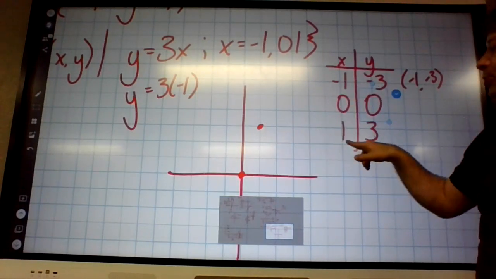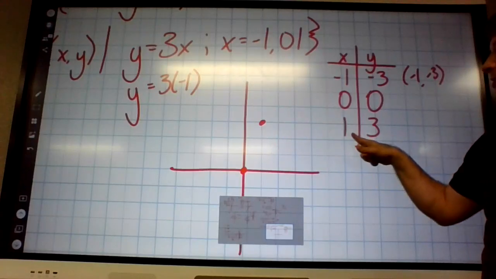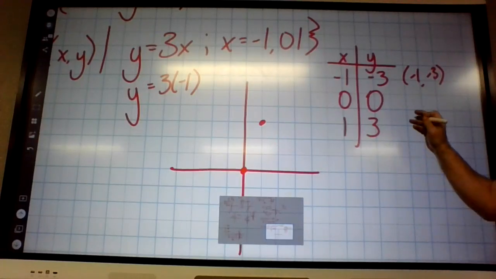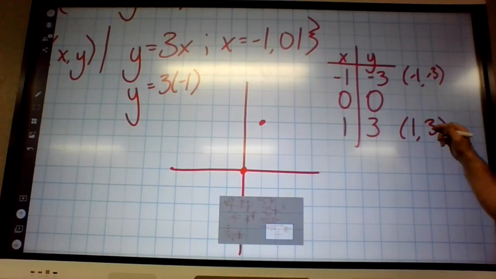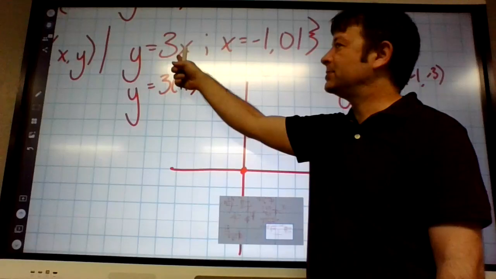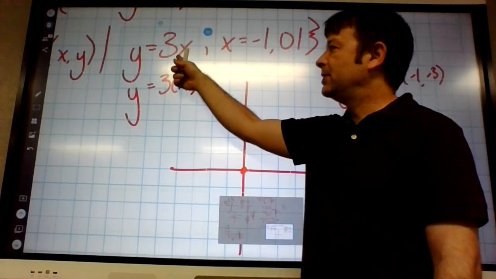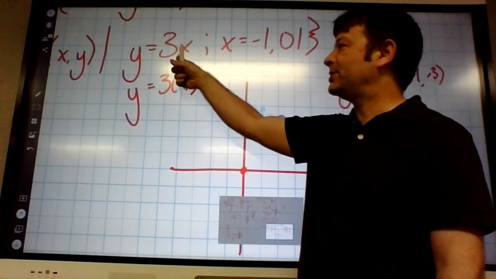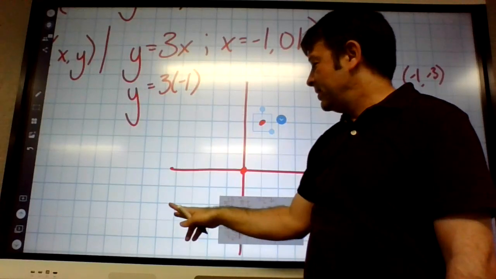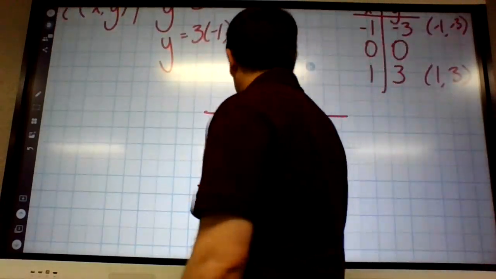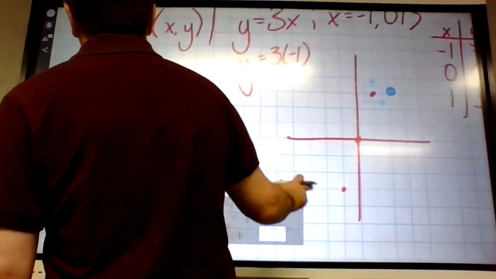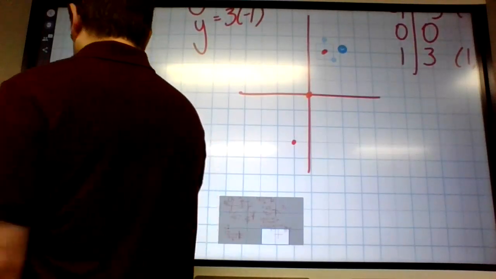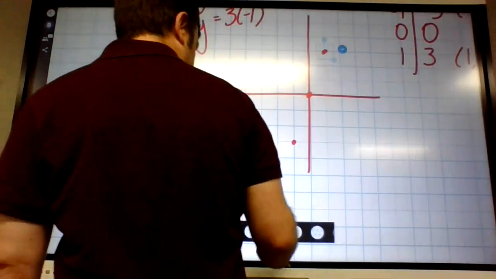This point represents 1, 3. And 1, 3 is a solution to this equation. These are the points that represent the numbers that work in this equation. We'll talk more about that later, but we'll just keep going for now. 15, we need a new page.